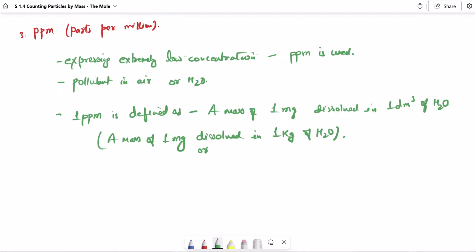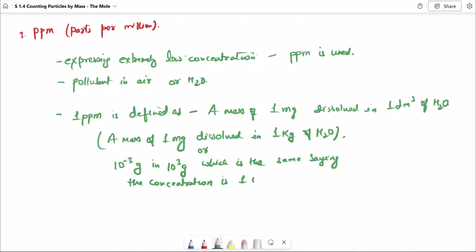Or you can say 10 to the power minus 3 gram in 10 to the power 3 gram, which is the same as saying the concentration is 1 in 10 to the power 6, or 1 in a million. This is important. Let's discuss a few examples to understand these methods.